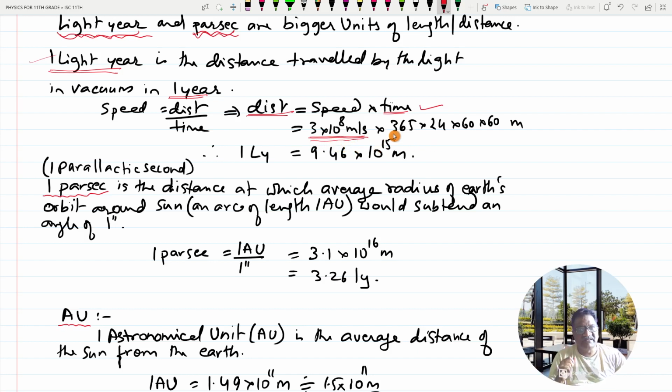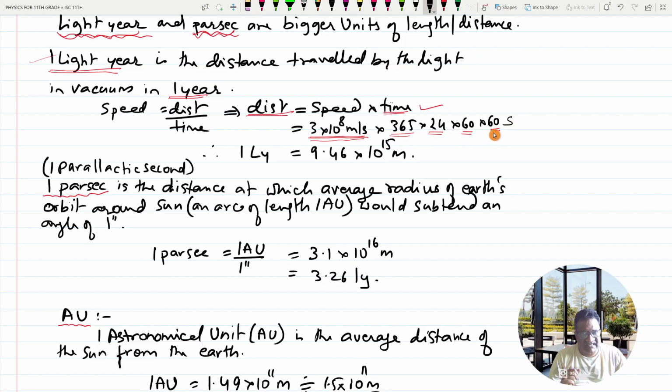In a year there are 365 days. In a day there are 24 hours. In 1 hour there are 60 minutes, and in 1 minute there are 60 seconds. So if you want the answer in seconds, the time in 1 year should be 365 into 24 into 60 into 60.